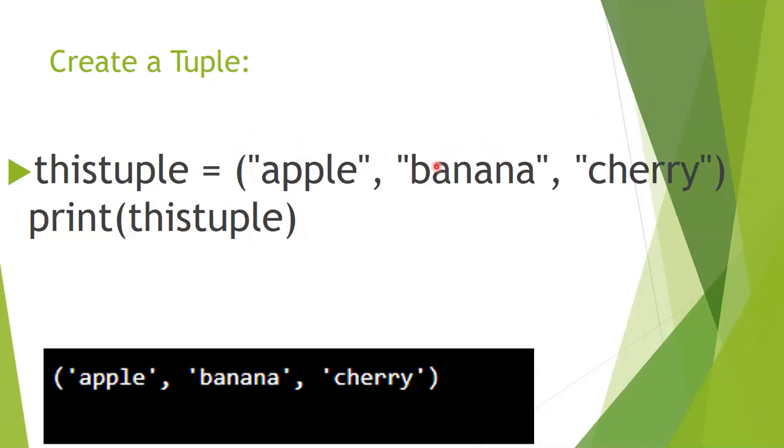To print this tuple, we have to write print(thistuple). thistuple is the name of the tuple that we have created. The output of this line is shown as below. It will create a tuple with elements apple, banana and cherry.